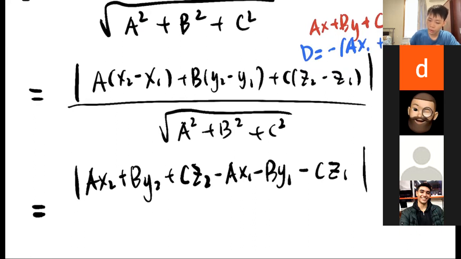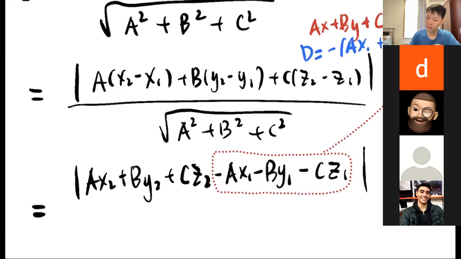The part where you have all the minus is precisely the same as D. So this is equal to ax2 plus by2 plus cz2 plus d divided by the square root of a squared plus b squared plus c squared.